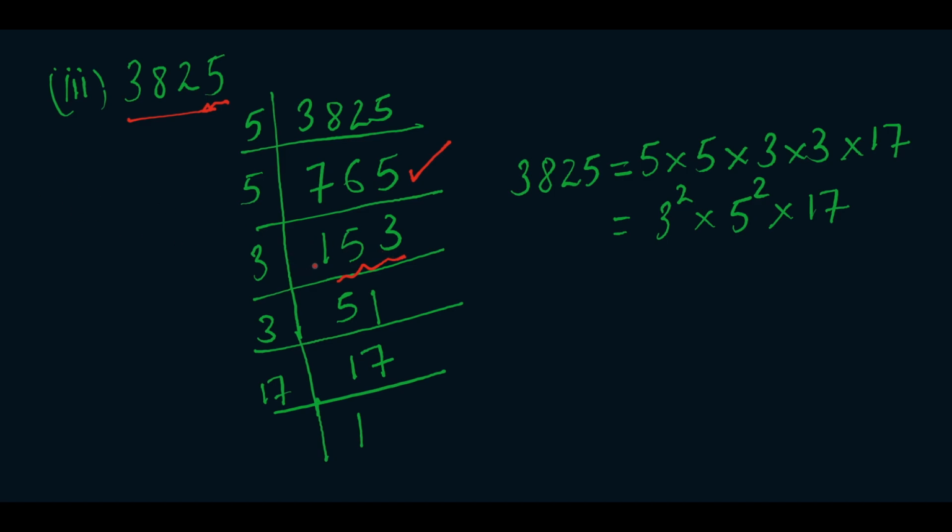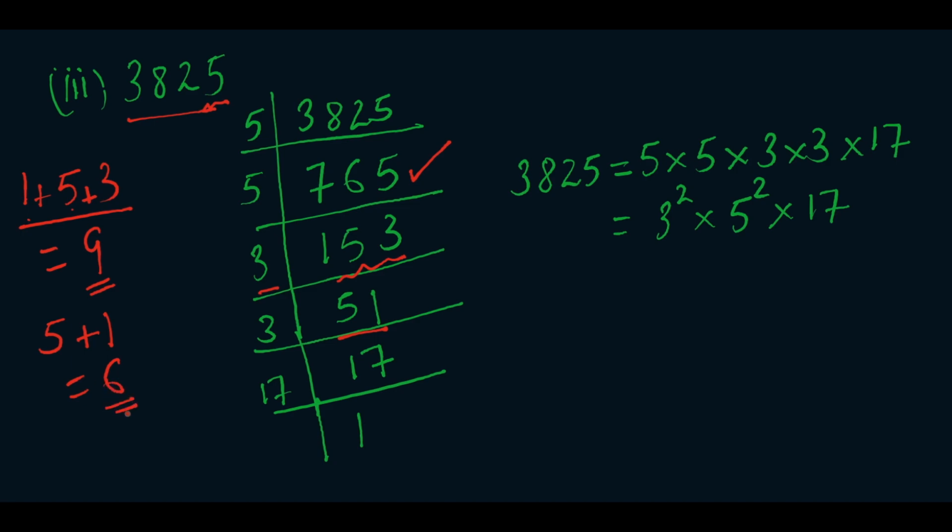Now we need to find if 153 is divisible by 3. So what we will do is take the digits of 153 and add all of them. 5 plus 1 is 6, plus 3 is 9. We know that 9 is divisible by 3, so 153 will be divisible by 3. Now we divide it by 3, we get 51. Again we take 5 and 1, add those, we get 6.